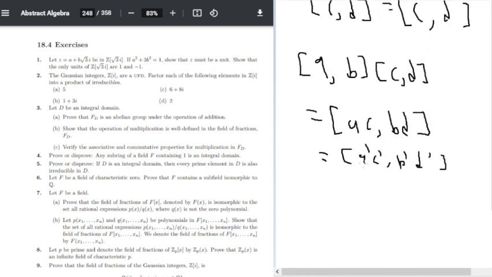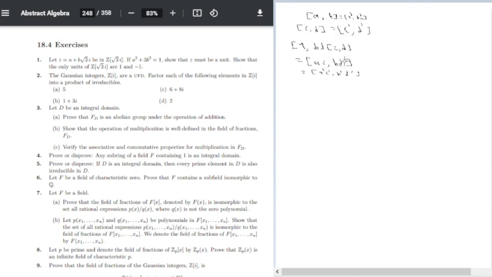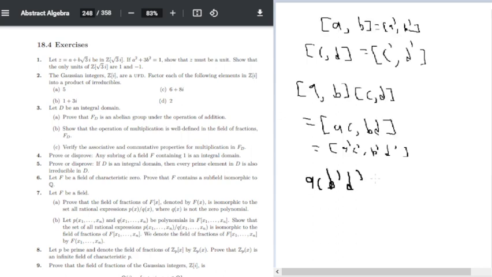So what we want to show is that ac times b'd' is equal to a'c' times bd.